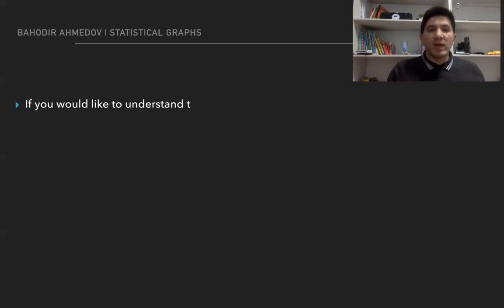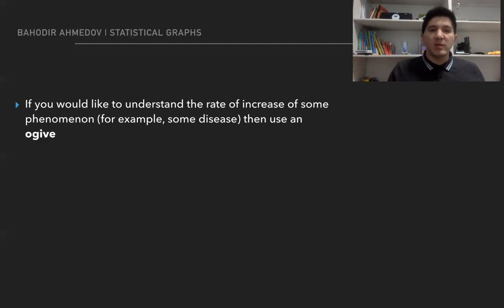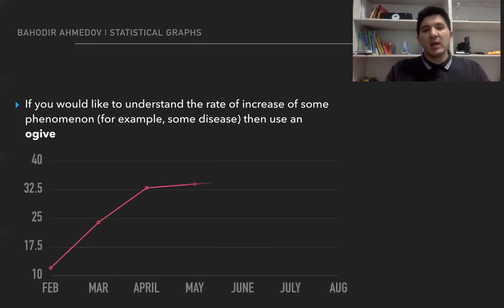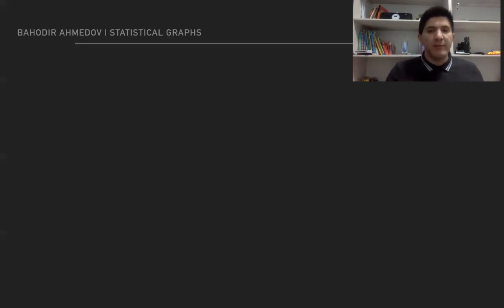Whenever we would like to understand the rate of increase of some phenomenon, for example how fast the spread of a disease is increasing, then we need to use an Ogive, which is the graph for the cumulative distribution. For example, if I would like to understand how some disease is distributed over time, I can use the cumulative distribution table, and its graph is going to be an Ogive.